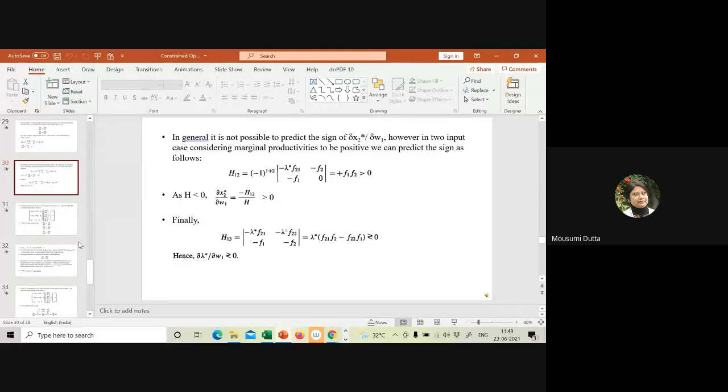Okay, so depending on the fact that whether it is a substitute, whether it is a complementary, the sign will be determined. So in general, it is not possible to predict the sign of del x2 star by del w1.